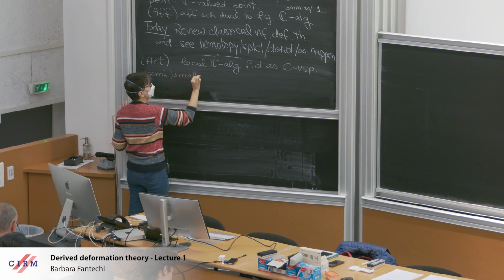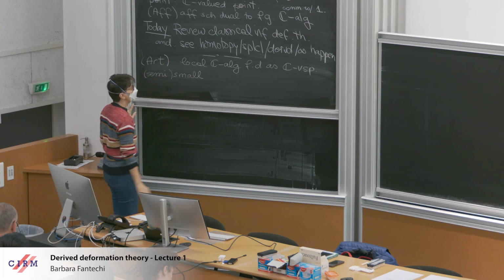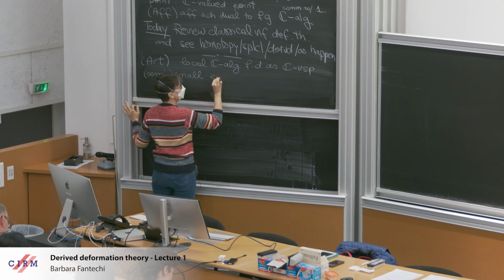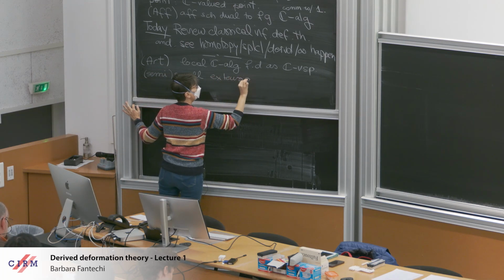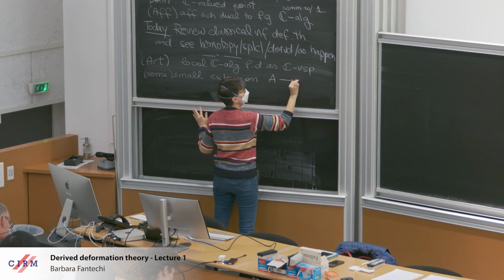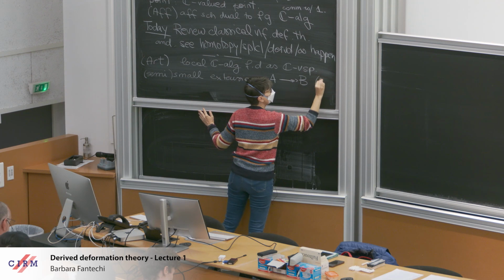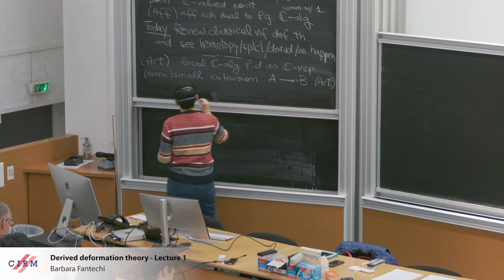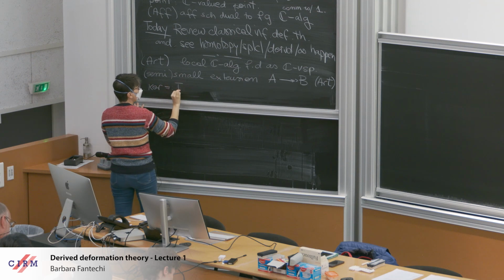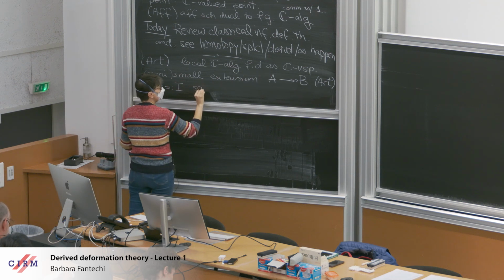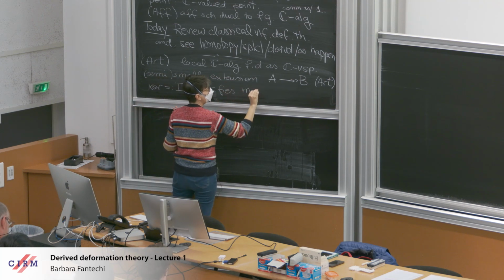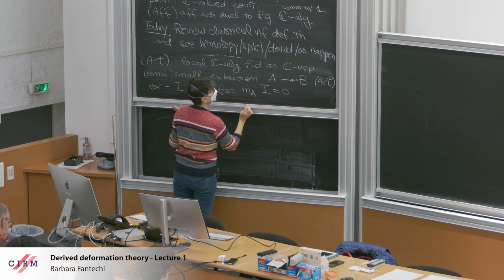And in particular, a notion we are interested in is the notion of a semi-small extension. I will skip the usual one, which I will not need. A semi-small extension is a surjection in Art such that its kernel, let me call it I, satisfies m_A tensor I equal to 0.